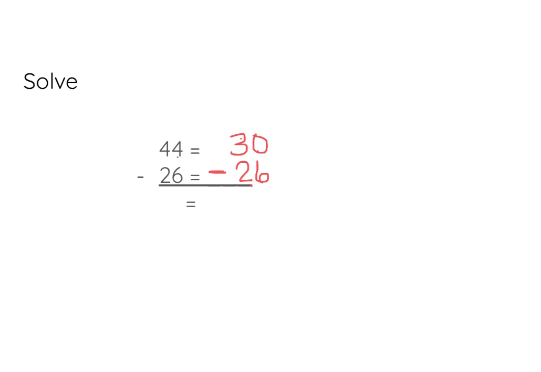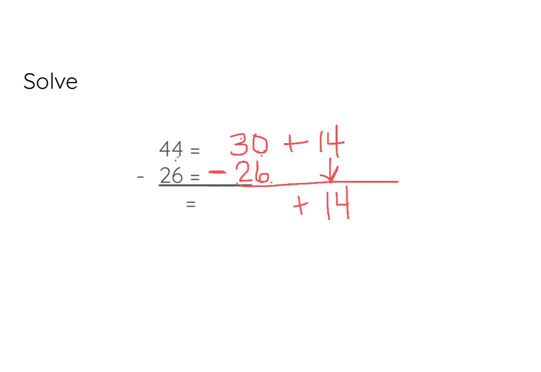Now we are renaming or breaking apart the 44. One part of it is 30, the other part is 14. Okay, remember we don't do anything to the 14, so just bring it down. Now, what is 30 subtract 26?